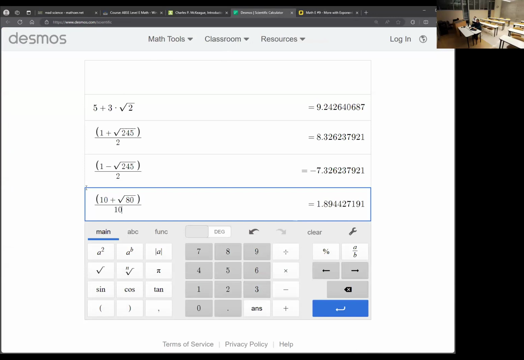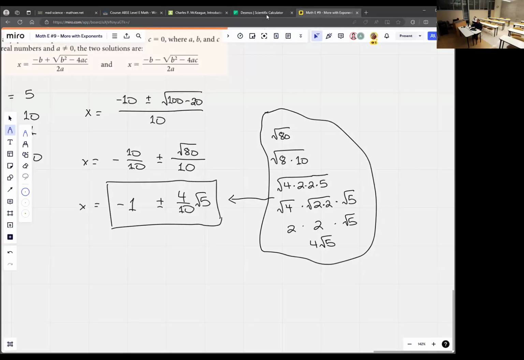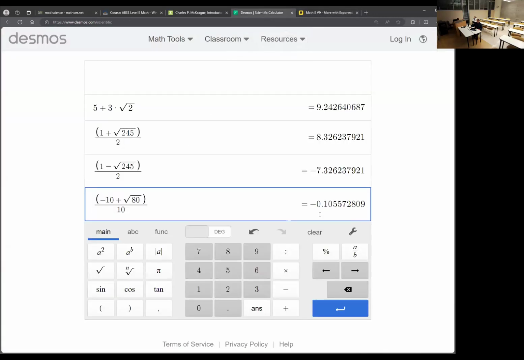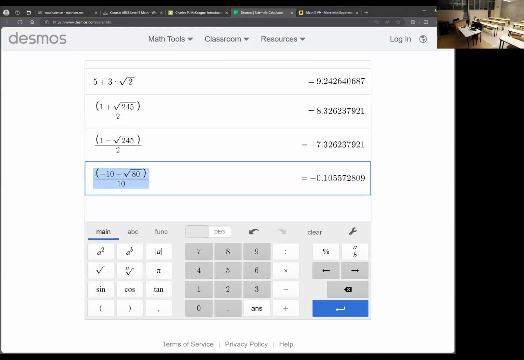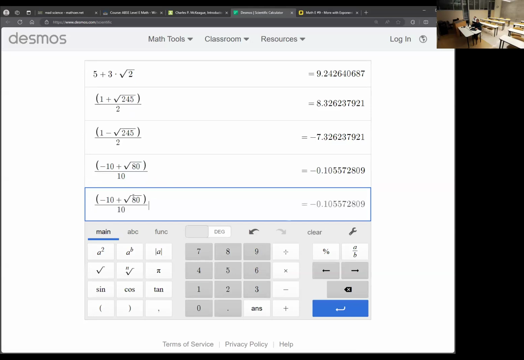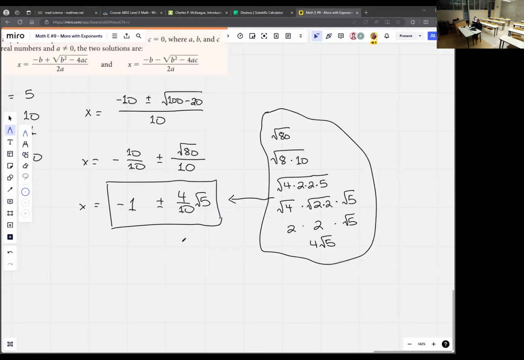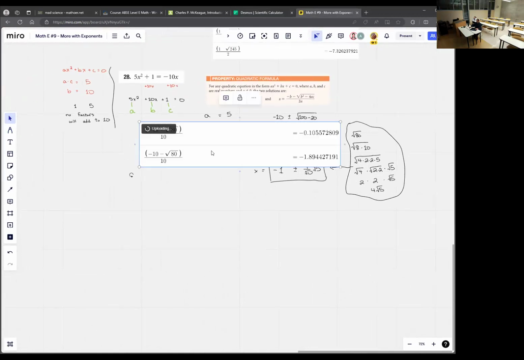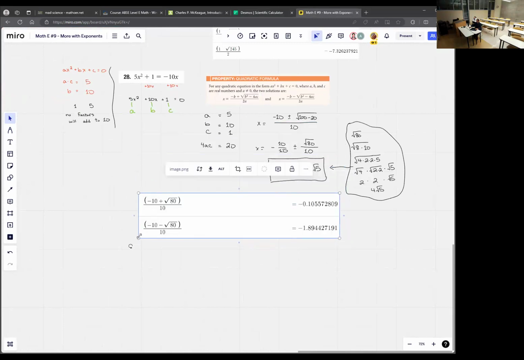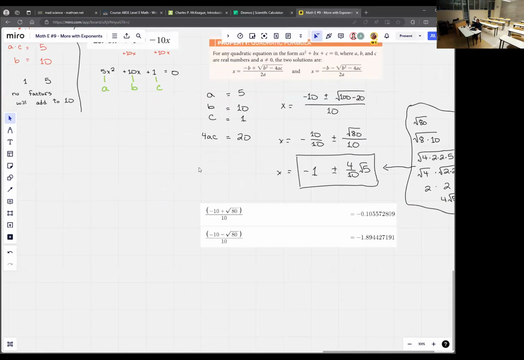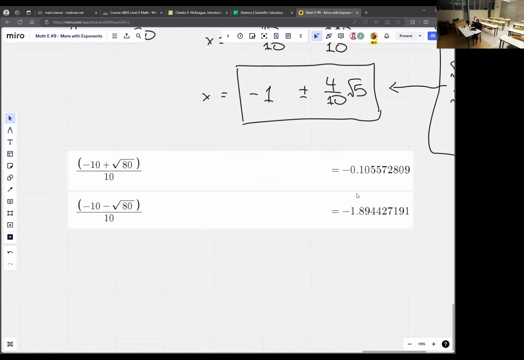I needed a negative sign, my keyboard is not reliable today, there we go. Negative 10 plus or minus square root 80 over 10, so there was one answer. And then the same thing with a minus. Both answers are negative, by the way, that can happen.